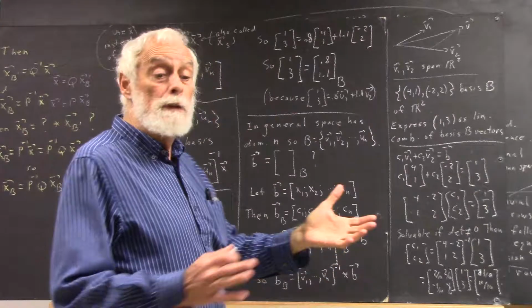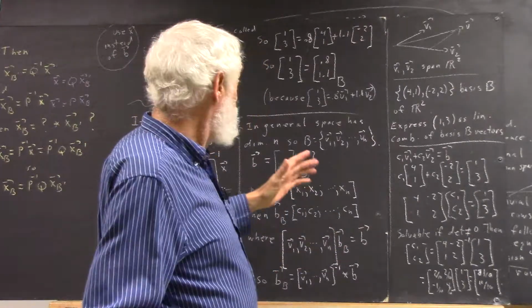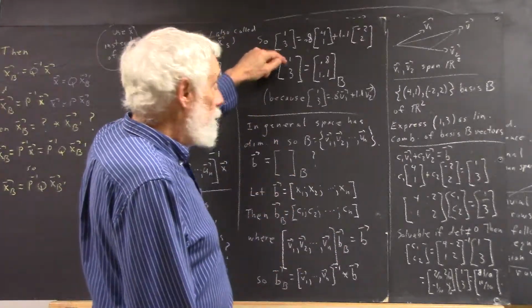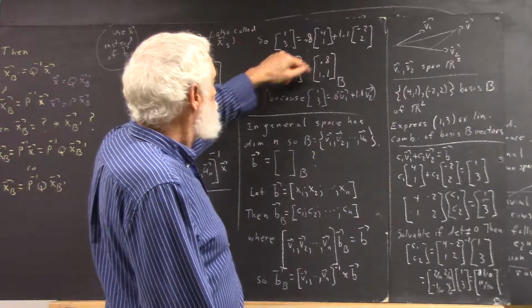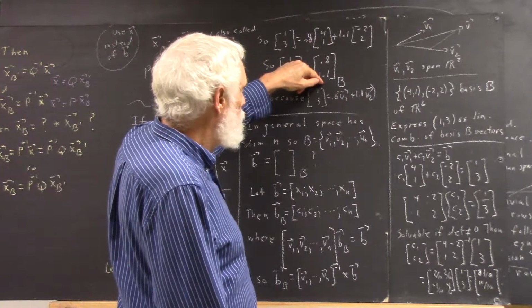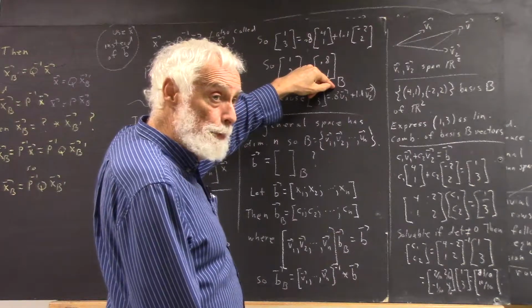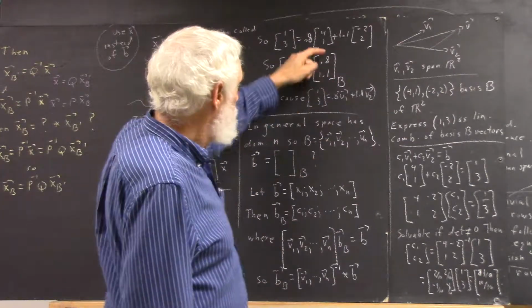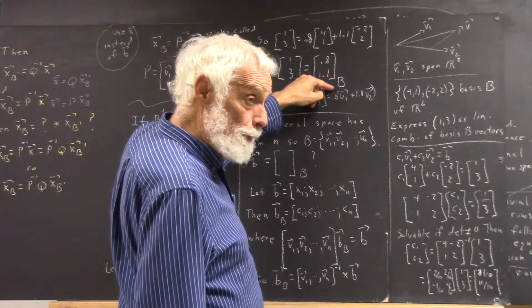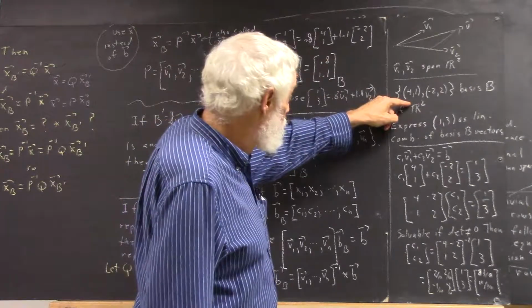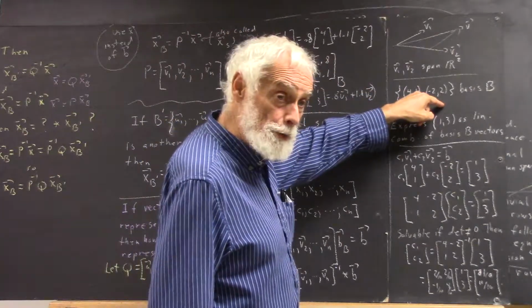Now we introduce a little notation. I'm going to say then that the vector 1, 3 is equal to the vector 0.8, 1.1 relative to the basis B. Meaning, of course, 0.8, 1.1 relative to basis B means 0.8 times your first vector plus 1.1 times your second vector.